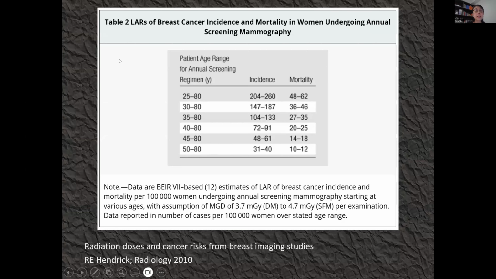And if you can see here at the top row, if a patient starts screening at age 25 yearly up to age 80, the incidence is about 204 per 100,000, assuming a mean glandular dose of around 3.7 milligray. If she starts later, starting from 50 and undergoes annual screening up to 80, the incidence then drops to 31 per 100,000.